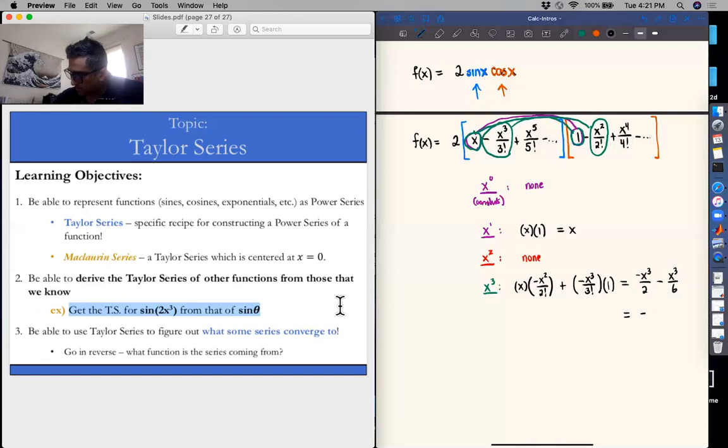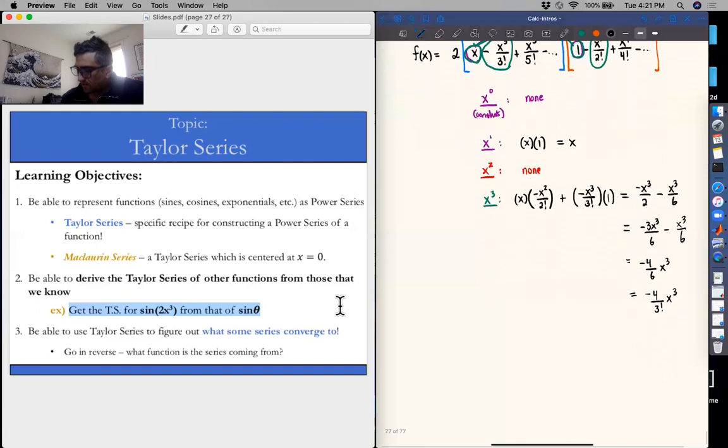Let's actually just do the common denominators. So we get a minus 3x cubed all over 6 minus x cubed all over 6, which gives us a minus 4x cubed all over 6, which we could equivalently write, if we really wanted to keep factorials in that denominator, as negative 4 over 3 factorial times x cubed.